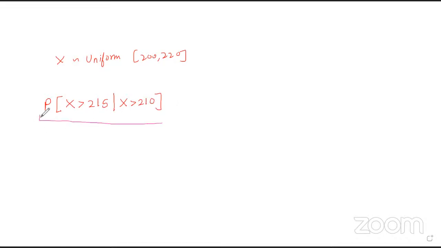Were you able to fetch this information from the question? Okay, so let's say x greater than 215 is event E, and x greater than 210 is some event F.